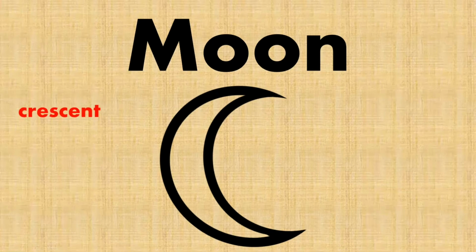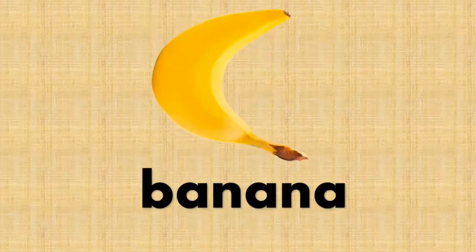One more time. Crescent. Great. Crescent moon. Now, an example, look. This one is an inverted banana. Banana, right? It looks like a quarter of the moon.